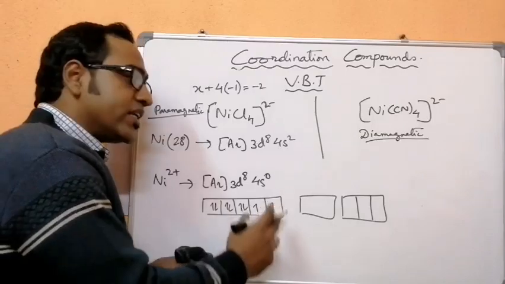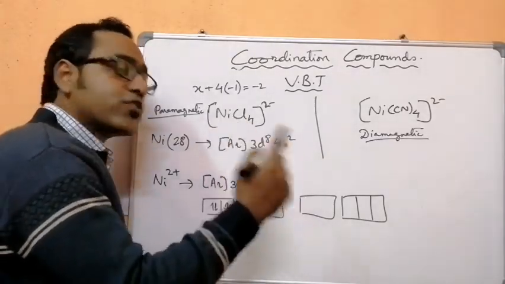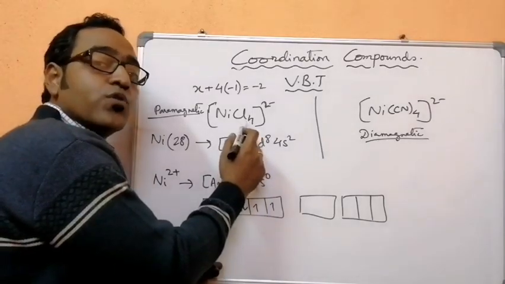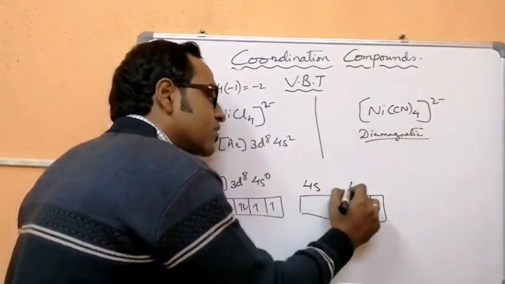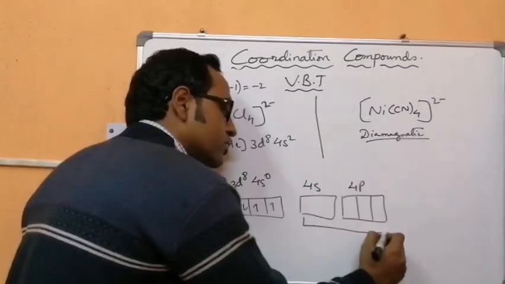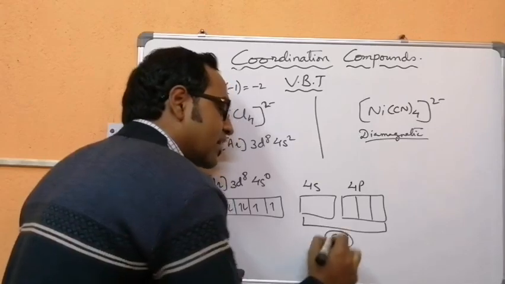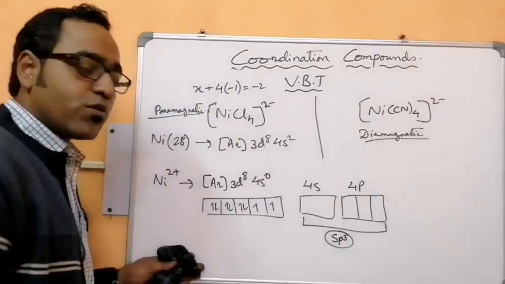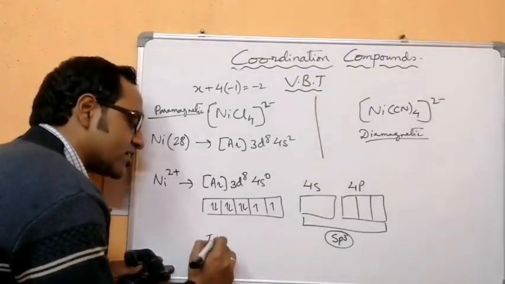At the same time, we need 4 orbitals to accommodate 4 electron pairs donated from 4 chlorines. So here we have 4s, 4p, a total of 4 orbitals, so it is sp3. Hence the hybridization of nickel tetrachloride is sp3 and the geometry of the molecule is tetrahedral.